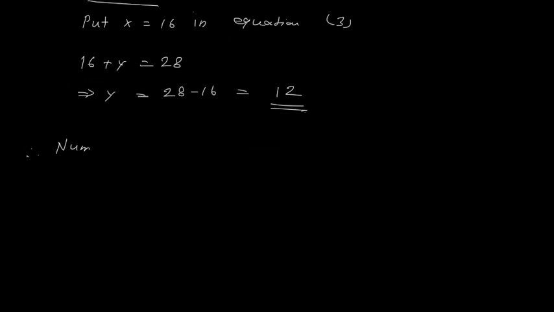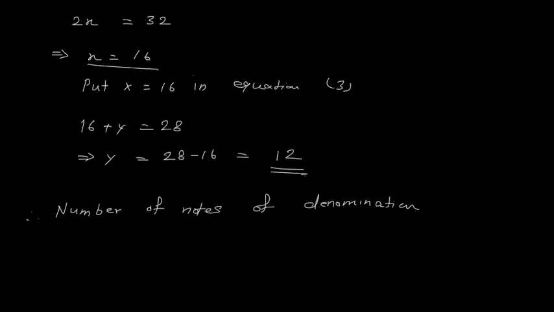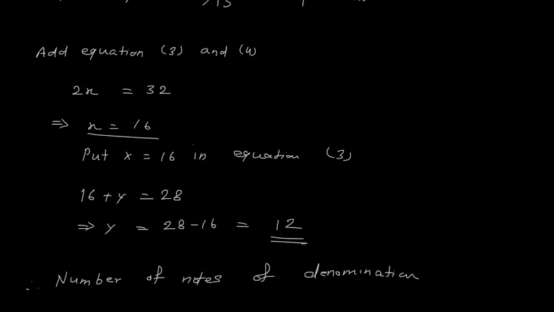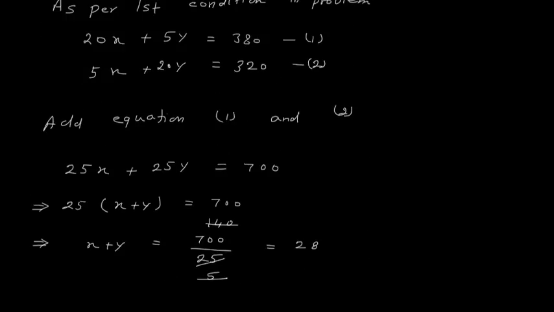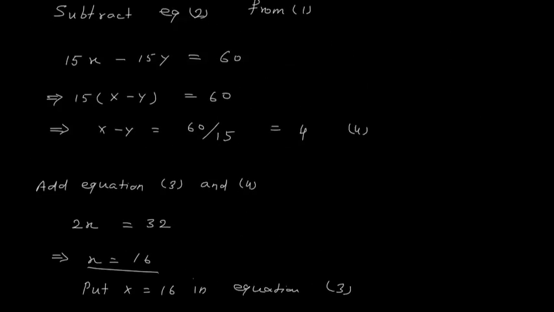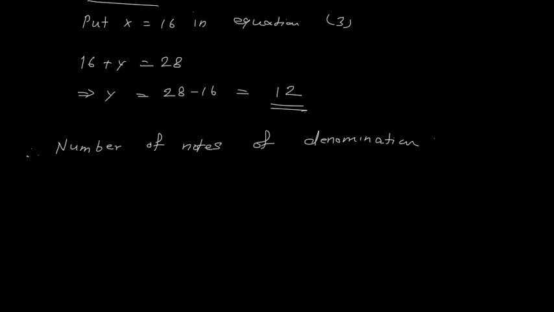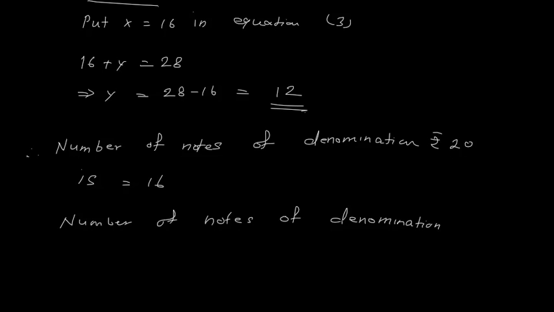Therefore, the number of notes of denomination, which means the amount written on the note: the number of notes of denomination rupees 20, which we assumed as x, is 16, and similarly the number of notes of denomination rupees 5 is 12.